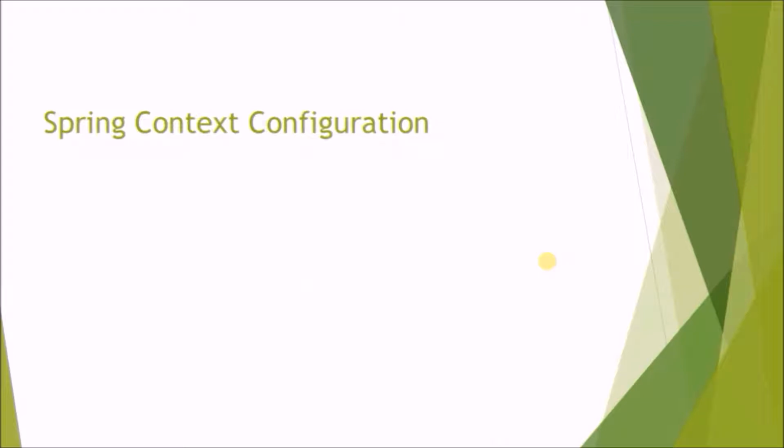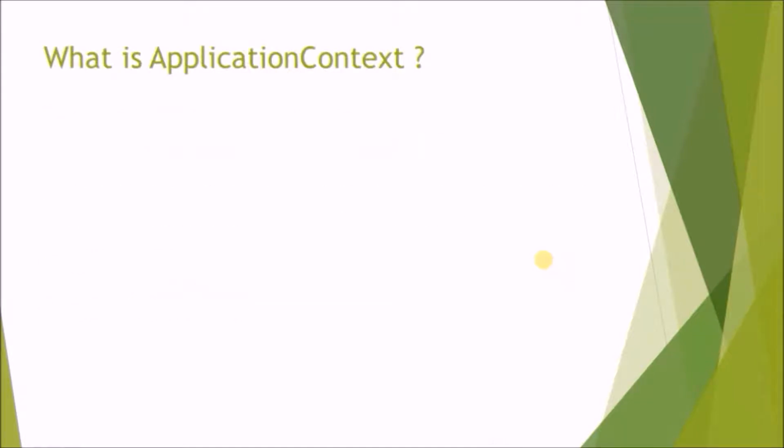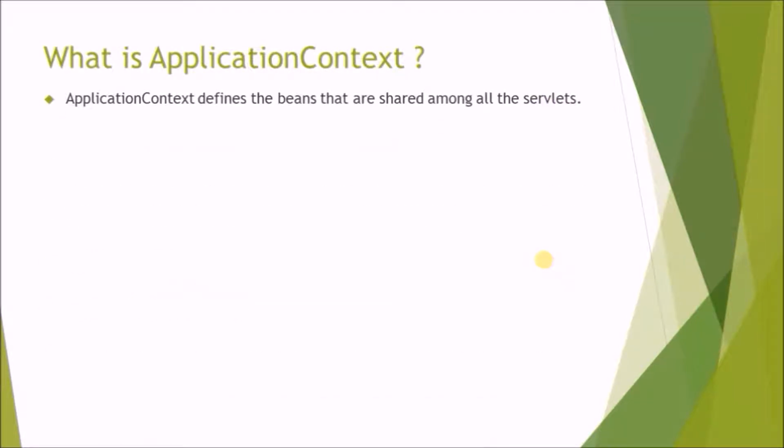Spring context configuration. In Spring web applications, there are two contexts that get initialized at server startup, each of which is configured and initialized differently: application context and web application context. What is application context? Application context defines the beans that are shared among all the servlets.